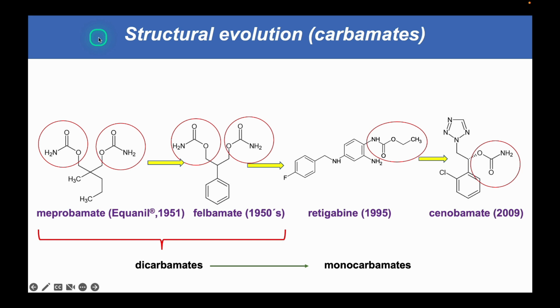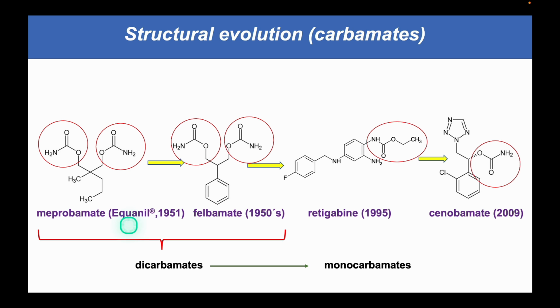These drugs originate from Meprobamate, a drug created in 1951, also known by the brand name Equanil, and it has been used as an anxiolytic, although it also has anticonvulsant activity.